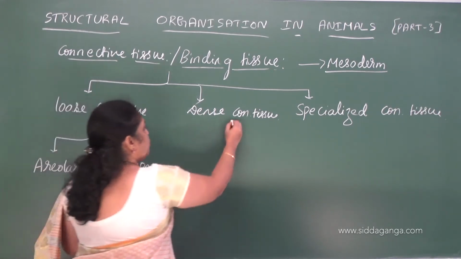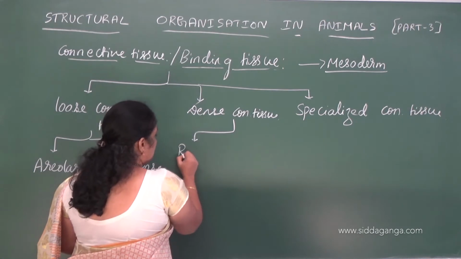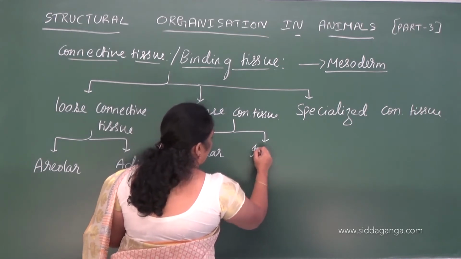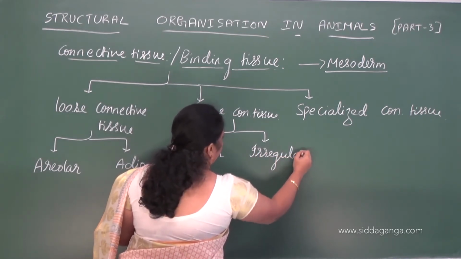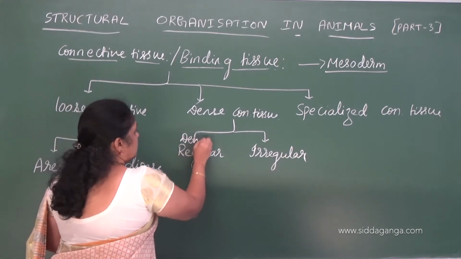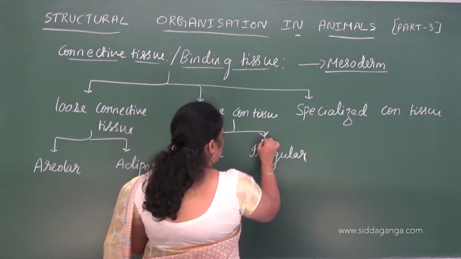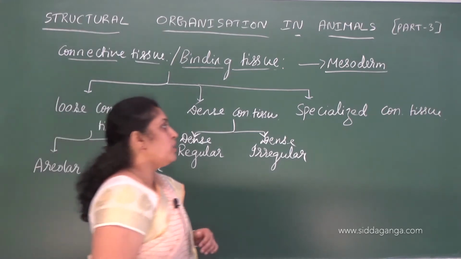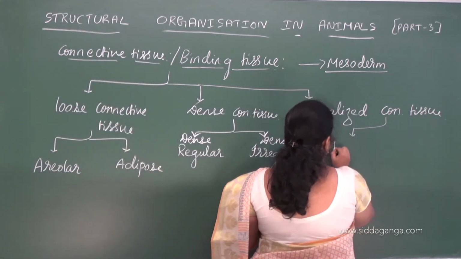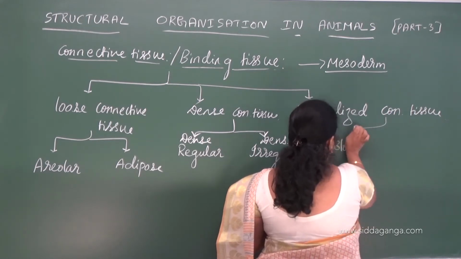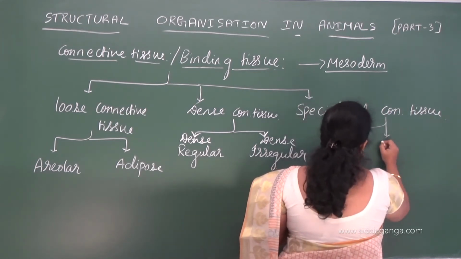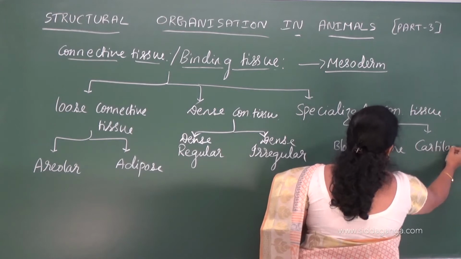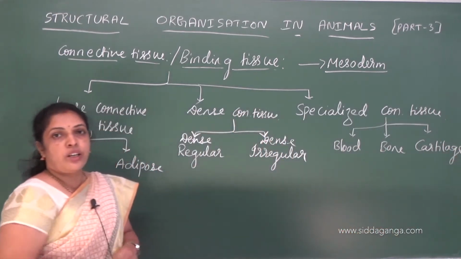Under dense connective tissue, we have two types: dense regular connective tissue and dense irregular connective tissue. Under specialized connective tissue, we have blood, bone and cartilage.